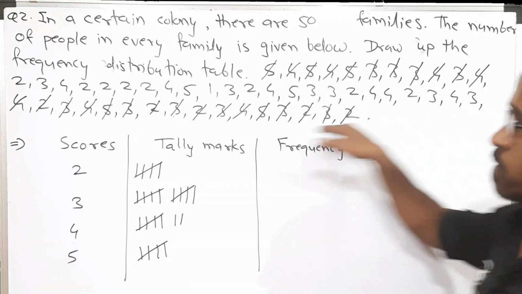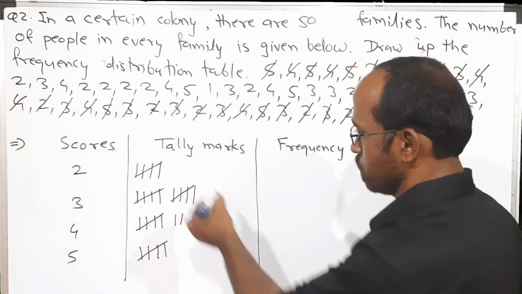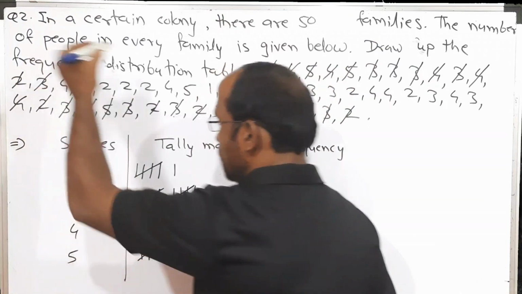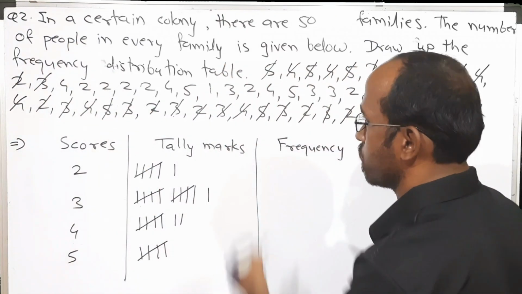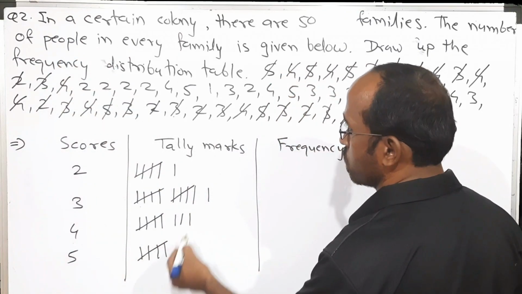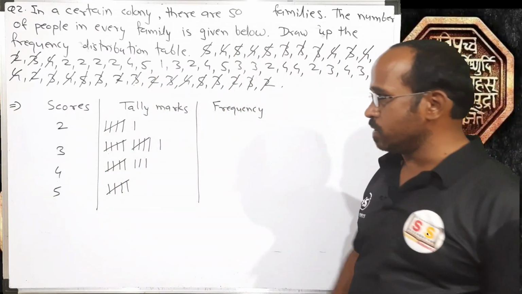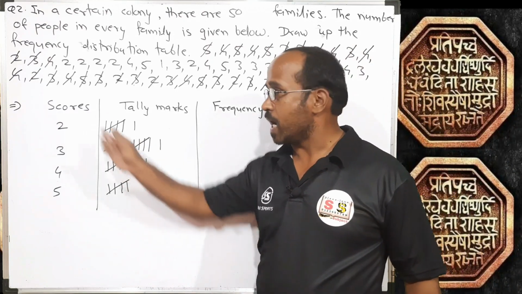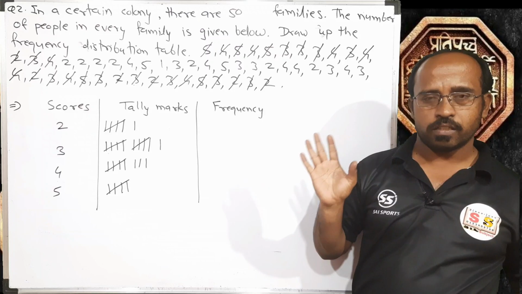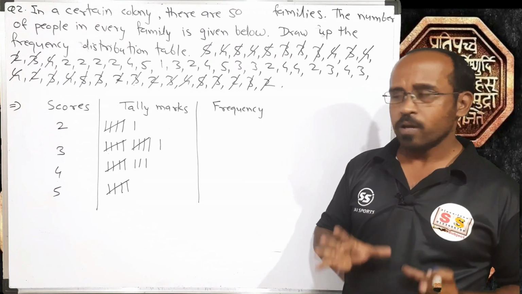Now let's scan this middle row. 2, one line against 2, cut that 2. 3, 3, 4, 4. Students, while writing the tally marks, I am cutting the original score. Please follow this practice. It looked weird, but what happened?